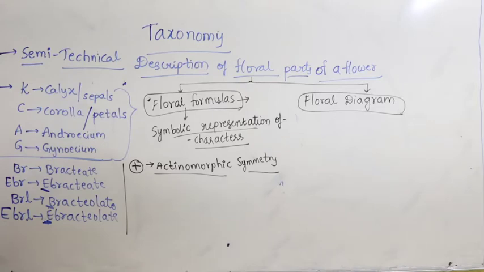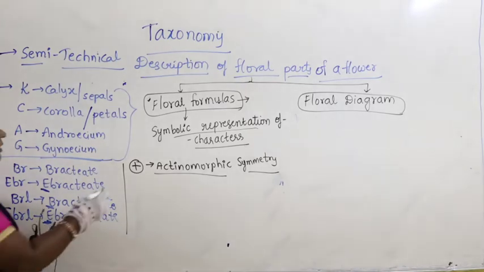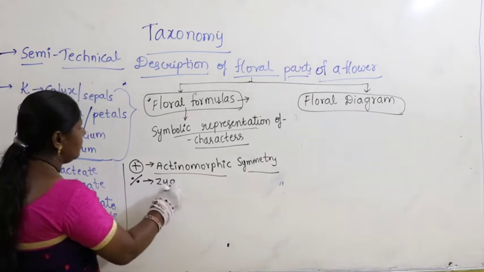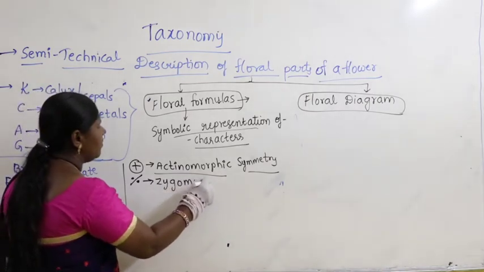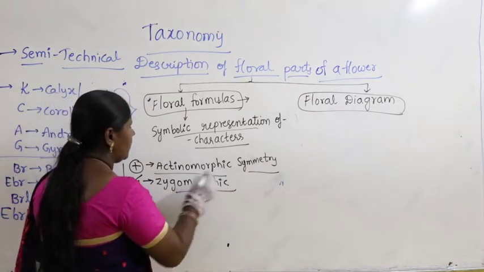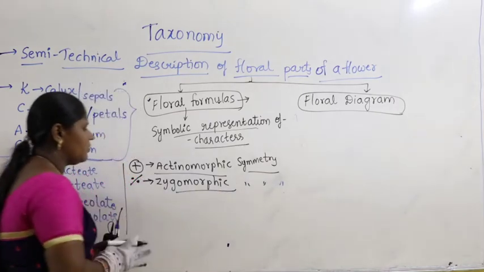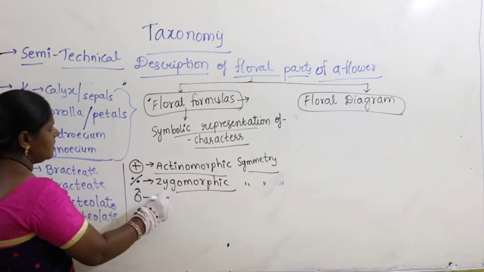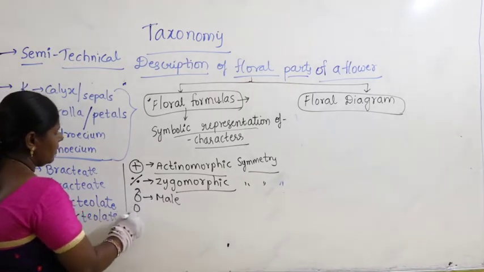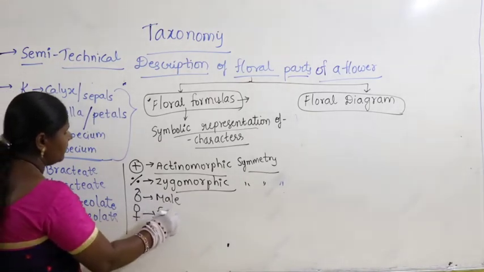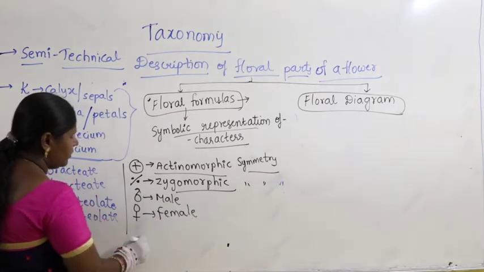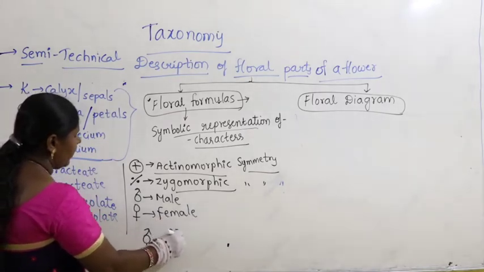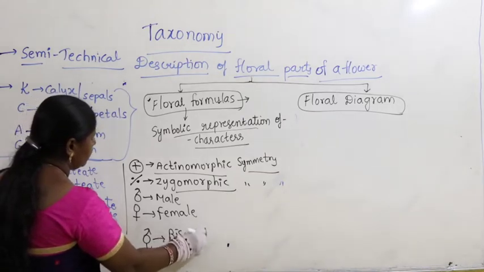Generally try to remember, actinomorphic means radial symmetry. Then the other represents zygomorphic symmetry, which is nothing but bilateral symmetry. Then as we discussed last class, this symbol is for male, this symbol is for female, and when both are there together, the symbol is for bisexual.